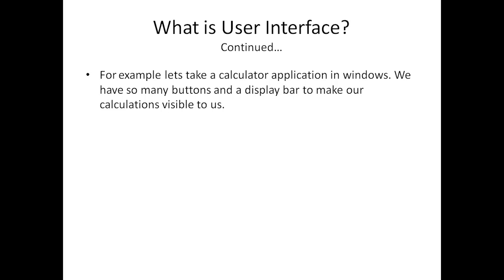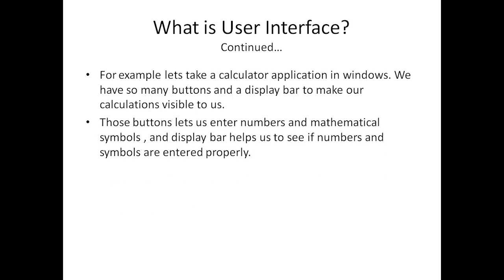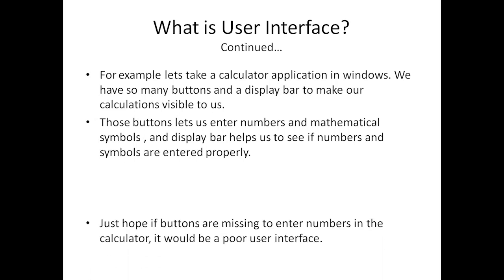For example, let's take a calculator application in Windows. We have so many buttons and a display bar to make our calculations visible to us. Those buttons let us enter numbers and mathematical symbols, and the display bar helps us see if numbers and symbols are entered properly.